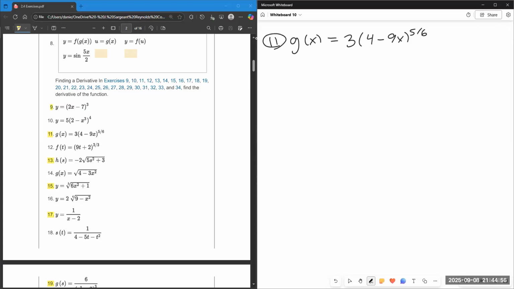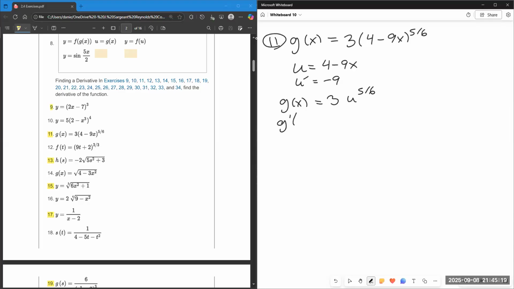I'm going to make a u substitution, that u is equal to 4 minus 9x. U prime is going to be negative 9. So g of x is going to be 3 u to the 5/6 power.